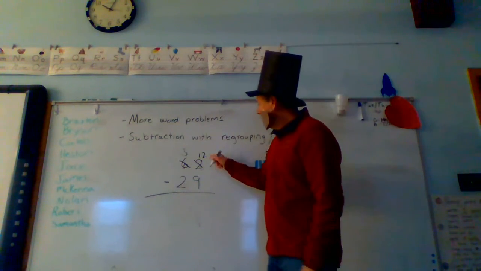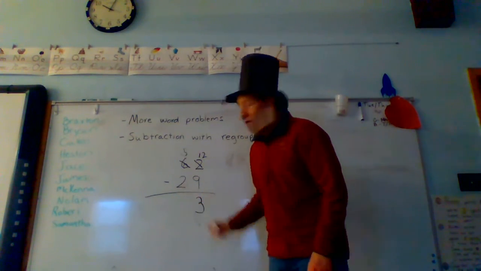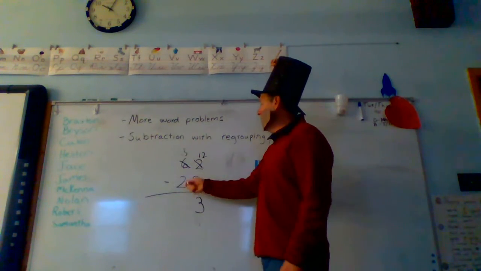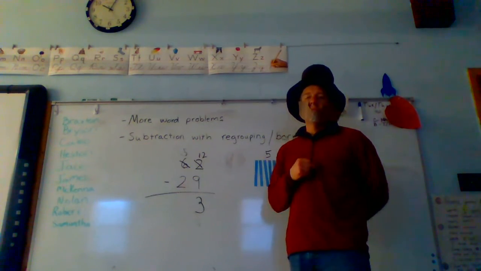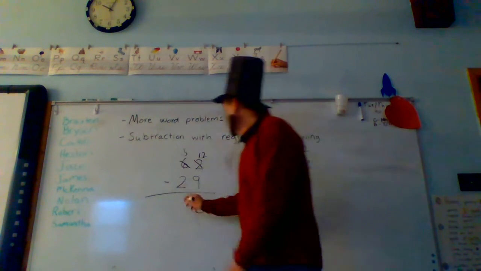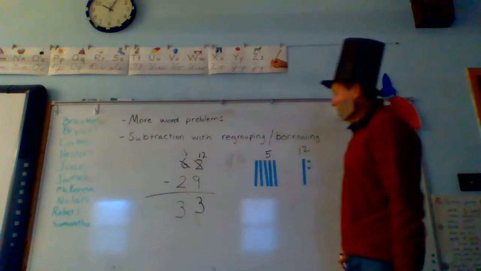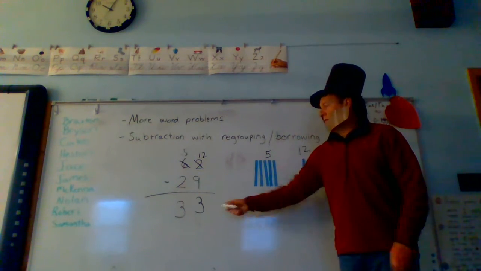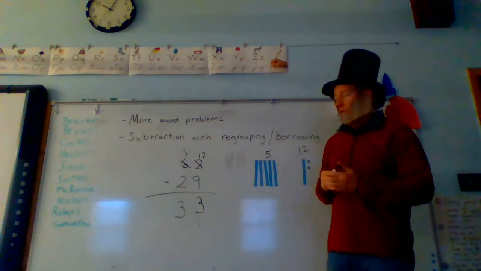Okay, 12 minus 9 is going to be 3. And then we know 5 minus 2 is 3. Your answer is 33. Okay? 62 minus 29 is 33. That's how we know we can borrow.